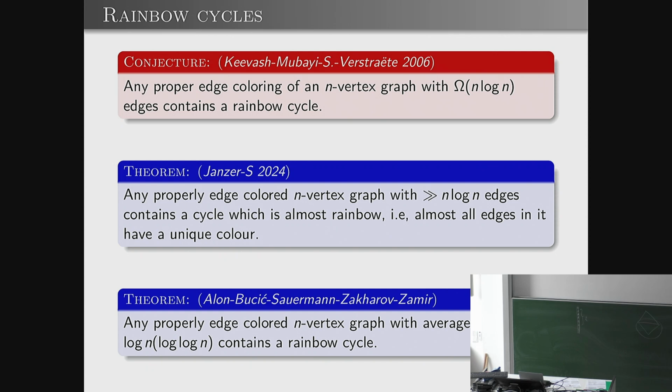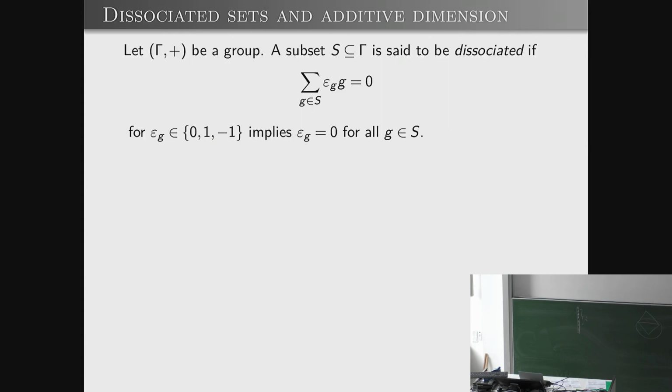So what I want to talk about now is additive combinatorics. Again, imagine you have your favorite group, and then a subset of elements of the group is called dissociated if any linear combination, and I'm not assuming my group is abelian, but it's convenient for me to write it as a plus, any linear combination of the elements of S with signs plus 1 and minus 1 or 0, right?